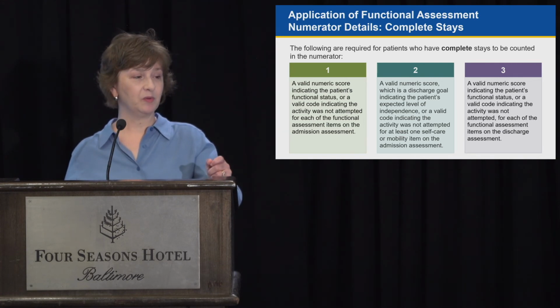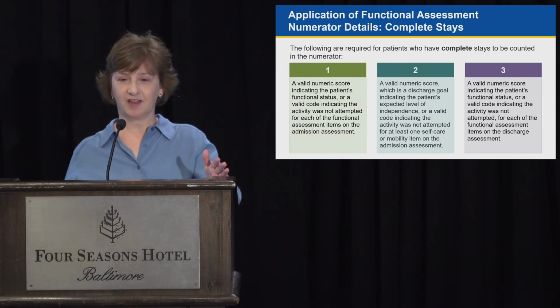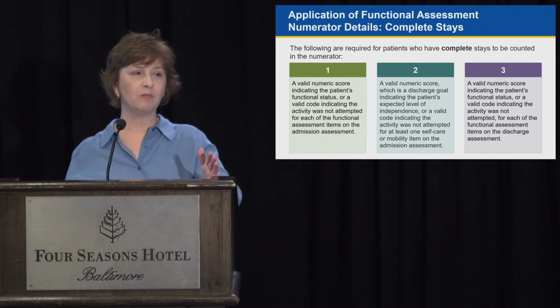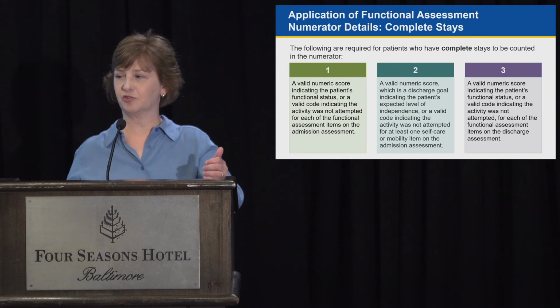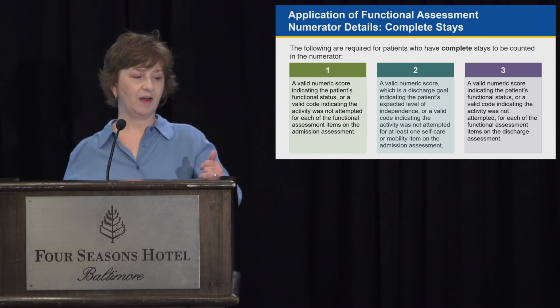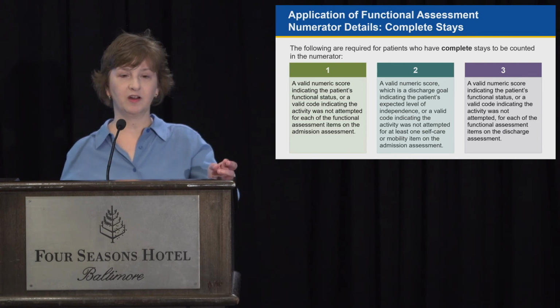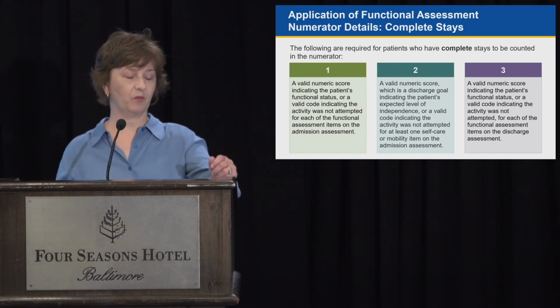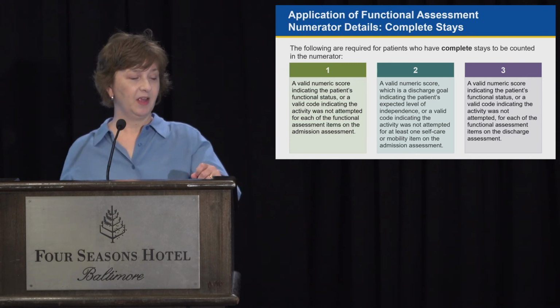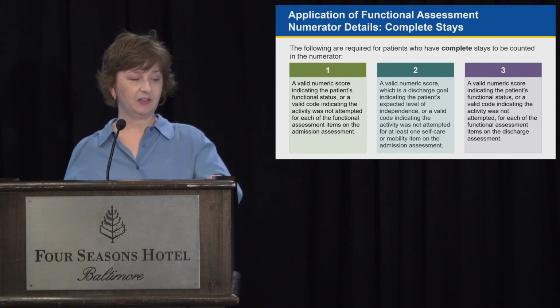For patients who have complete stays, where they're discharged to home, or maybe there's a planned discharge to a next setting, there are 3 components that will be looked for in order to determine if that record belongs in the numerator. The first thing to look for, number 1, is a valid numeric score.